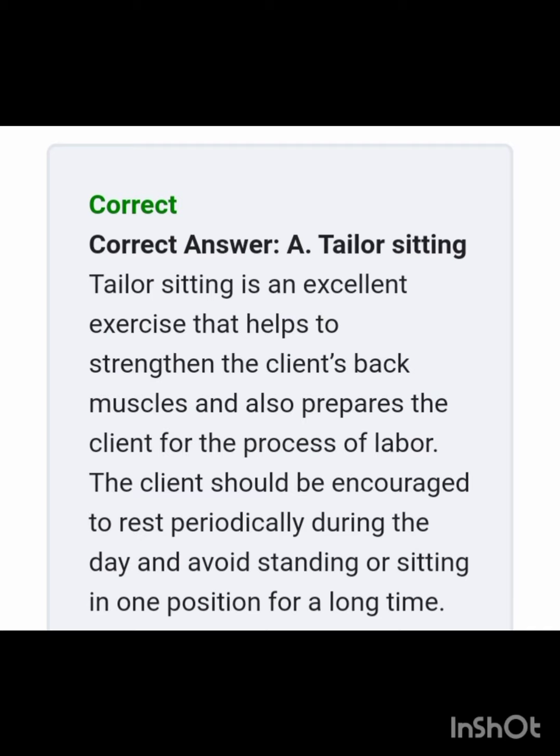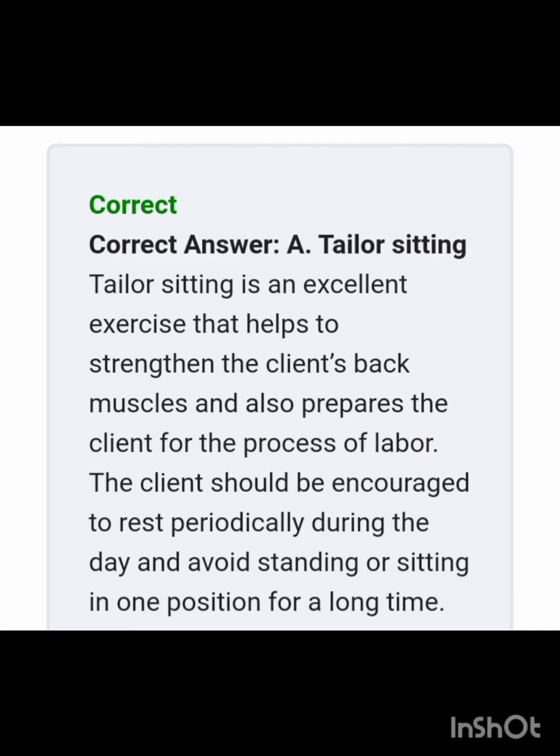Answer is tailor sitting. Tailor sitting is an excellent exercise that helps to strengthen the client's back muscles and also prepares the client for the process of labor. Tailor sitting is nothing but keeping your back at a 90-degree angle against your thighs, and your legs also should be at a 90-degree angle, and make your back straight.